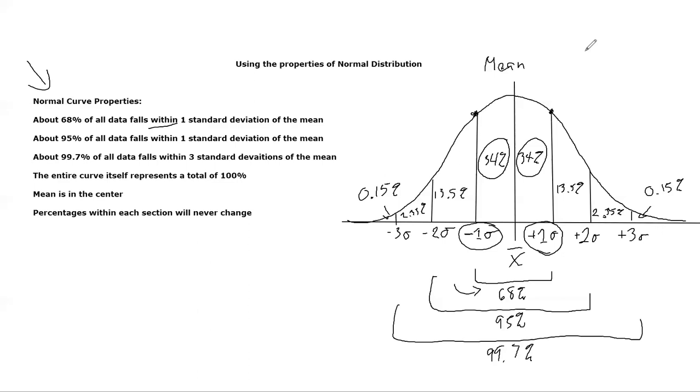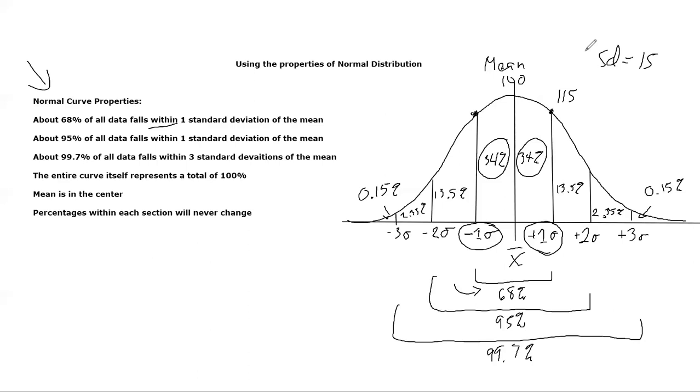If the mean of this curve is, say, 100, and the standard deviation is 15, then I'm going to add 15 to the first dot. I'm going to end up with 115 as this dot.